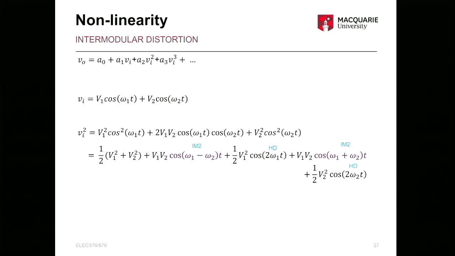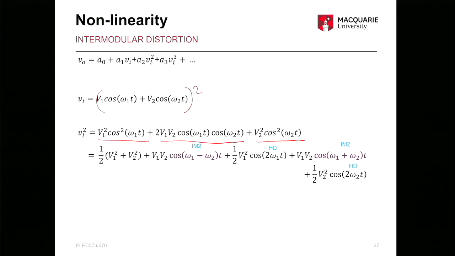So the first term, VI, is the same. For VI square, you just put the whole thing square. That is (a plus b) whole square: a square, b square, and then 2ab.